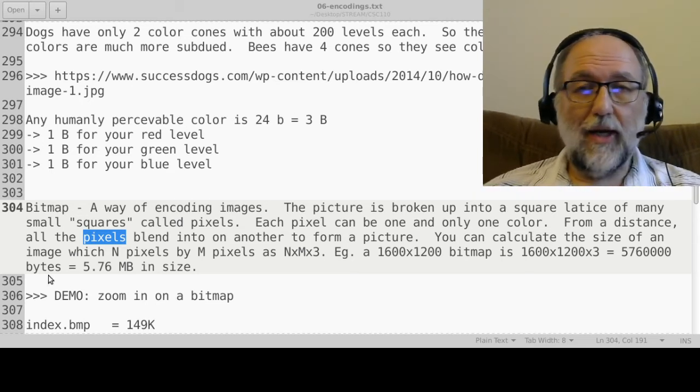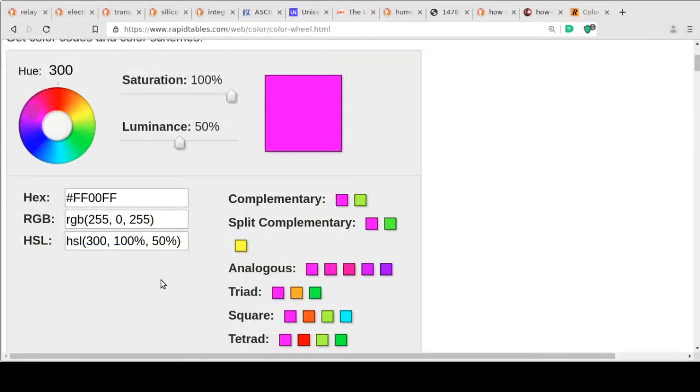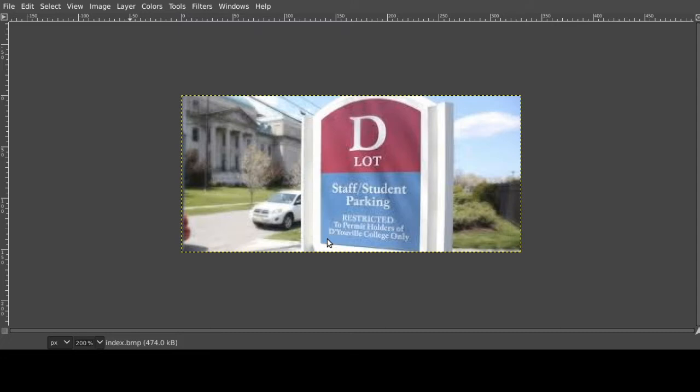All right, let's take a look at what a bitmap looks like, and let me switch here to this one right here. This is a picture of our parking lot D parking sign. You can't see the little squares because they are small enough that your eye just blurs them together.